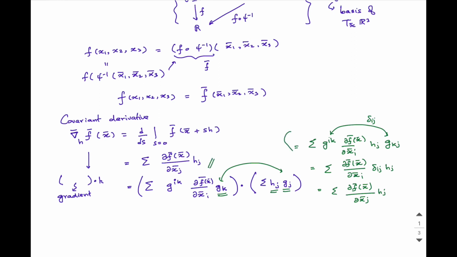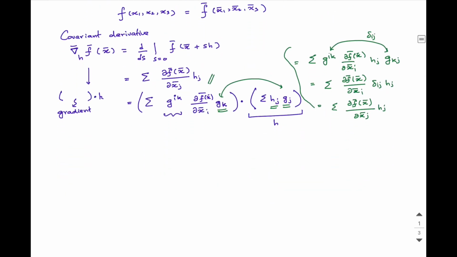And so that justifies why you can write it in this particular form. But notice how it's not as trivial as in the case of Cartesian coordinates, but you have this extra term over here on the right. So you have to be careful about how you write it. But once you write it in this particular form, notice that this quantity over here is nothing but h. So you have managed to write the covariant derivative as the inner product of some quantity dot h, and so the quantity here should be the gradient.